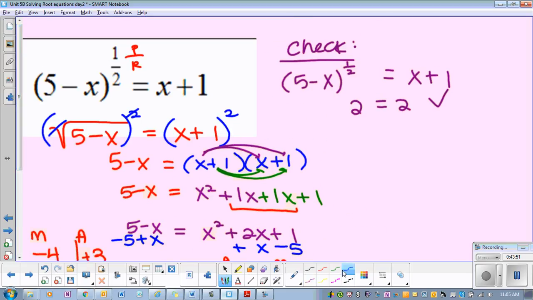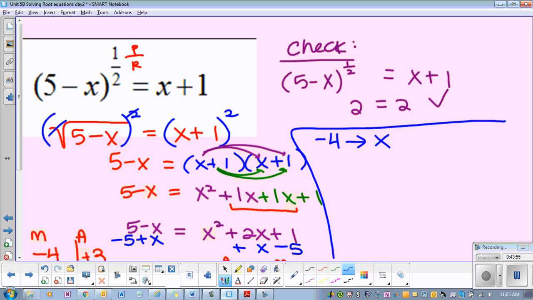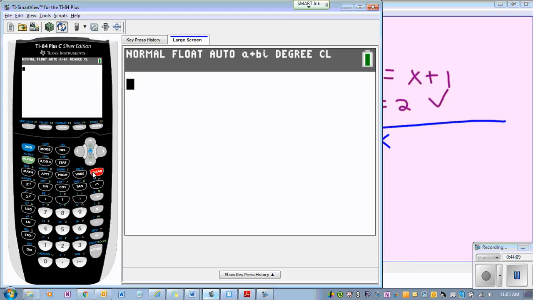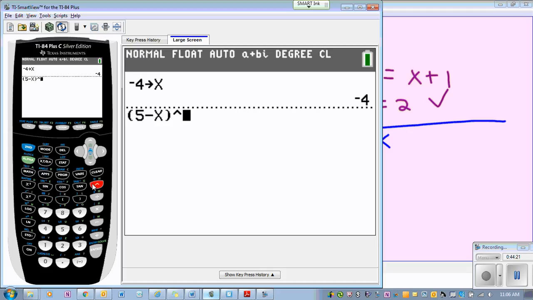When you check negative 4, substitute it for x, right? You got to put negative 4 in the left side. Replace x with negative 4. So put it in the left-hand side. So I'm going to put negative 4 in for x. Put parentheses 5 minus x to the 1/2 power.